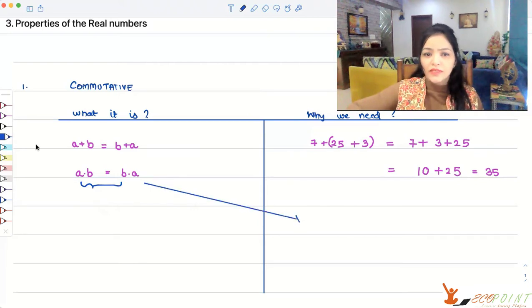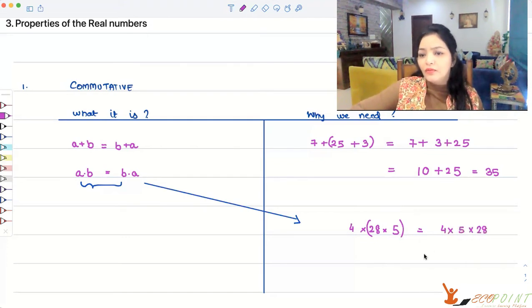If you have to multiply 4 by 28 and 5, I want to know the product of 4 multiplied by 28 multiplied by 5, and I know that commutativity works. So I can use commutativity here and write this as 4 multiplied by 5 into 28.